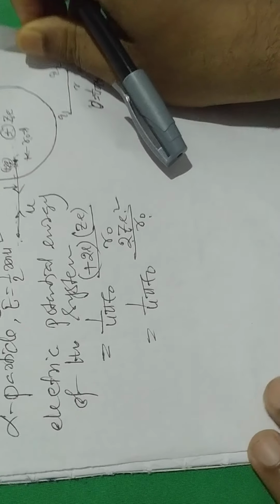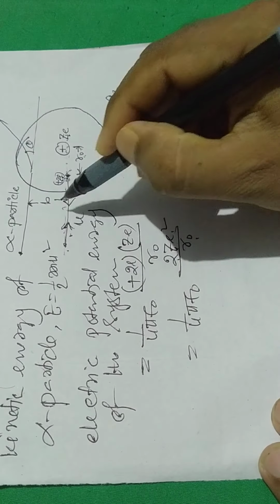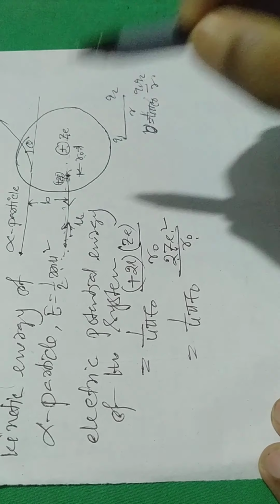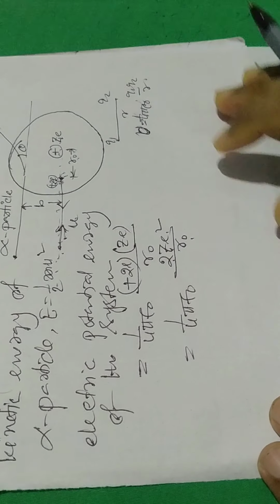When the alpha particle is moving, the kinetic energy of the alpha particle is ½mu². This kinetic energy of the alpha particle is converted into potential energy.